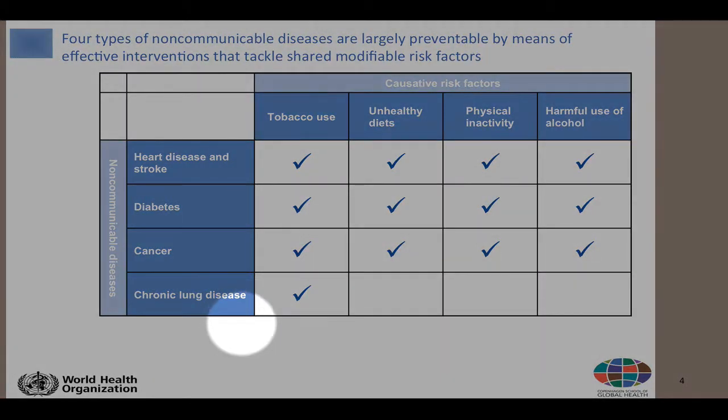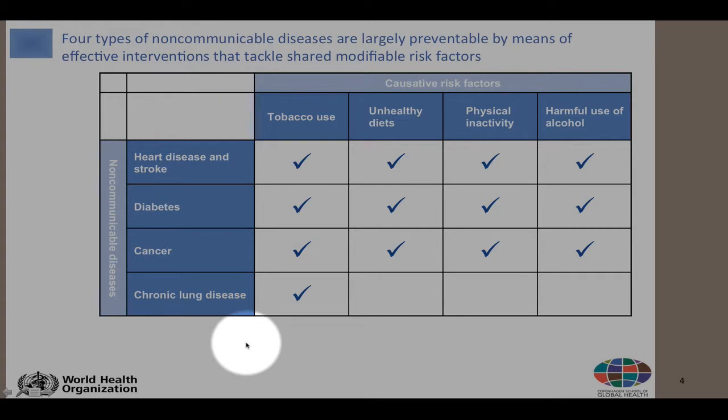This is now the famous grid 4x4, here the shared risk factors, and here the four key NCDs. But you could argue also, if you add here a fifth line, mental health, then you see also some commonalities, of course not causal, but at least a relation to tobacco use, harmful use of alcohol, physical inactivity in relation to mortality from mental health.